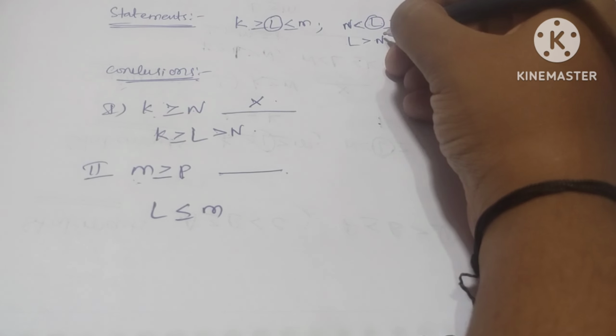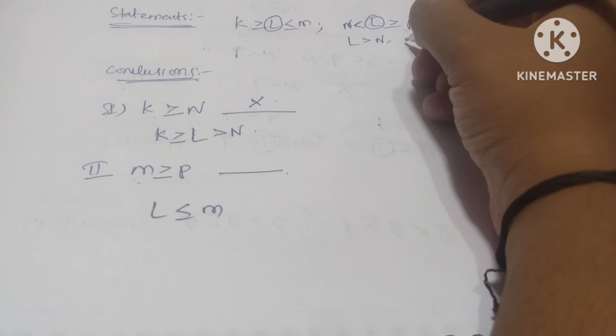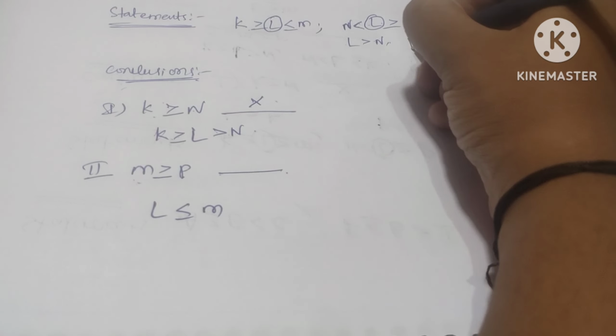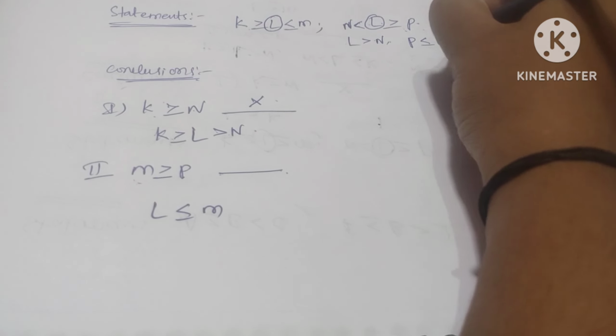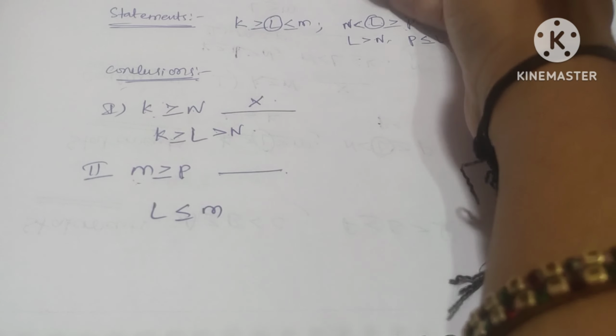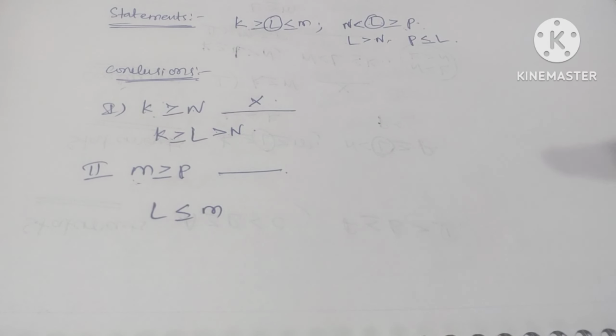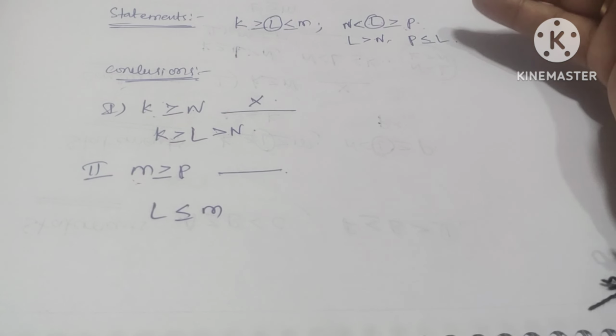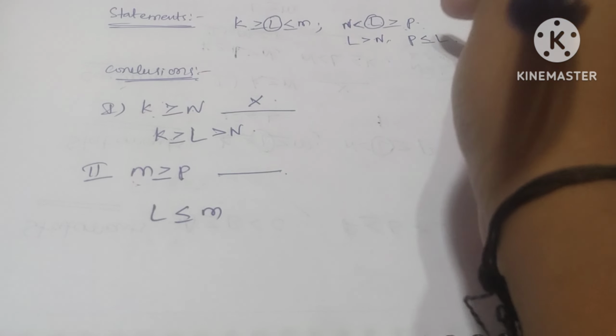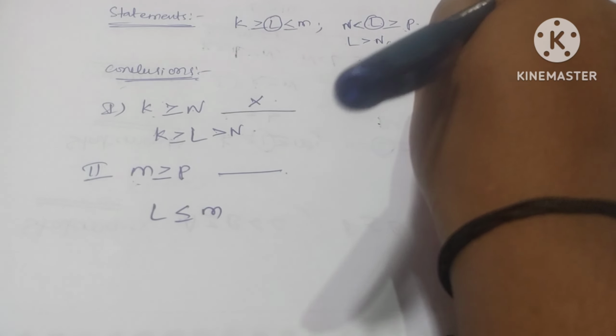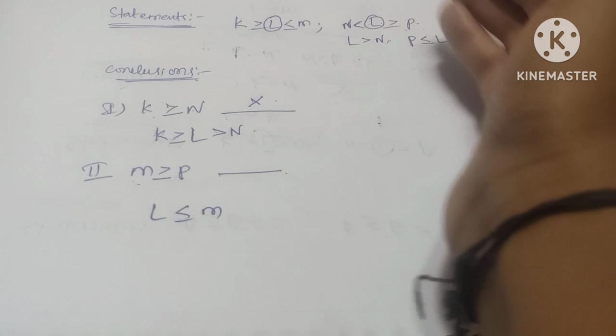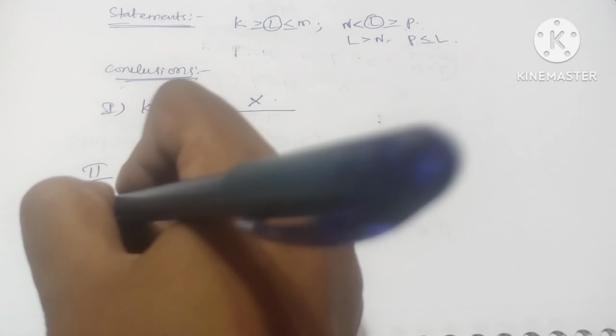If L is greater than or equals to P, how can we write it? It means P is less than or equals to L. We have to convert this like P is less than or equals to L. If we convert this equation like this, we can incorporate this equation easily, right?